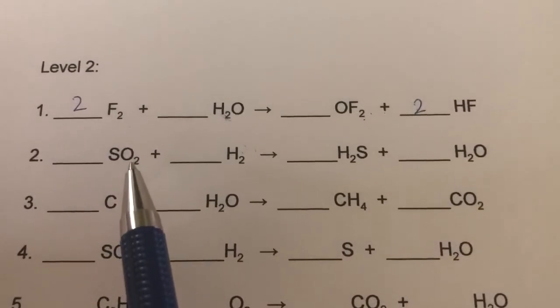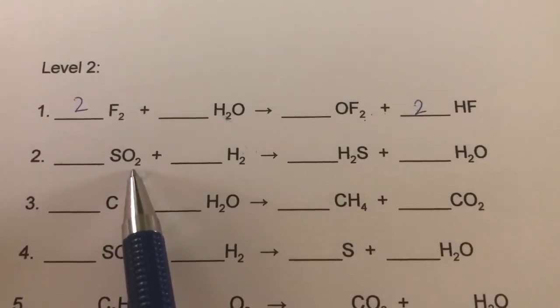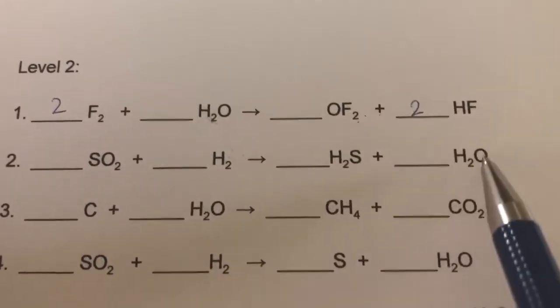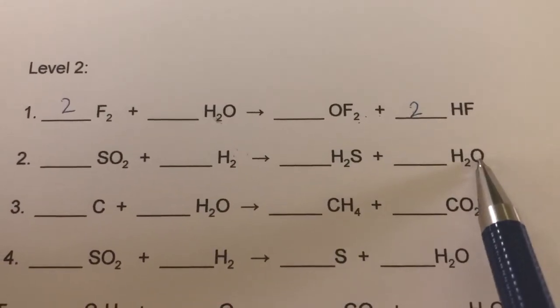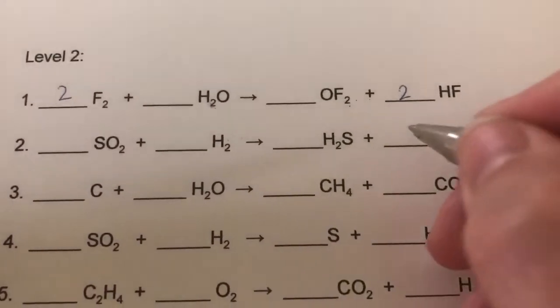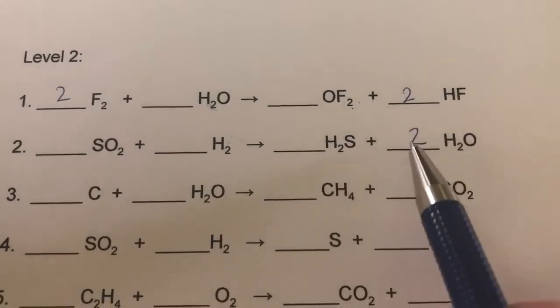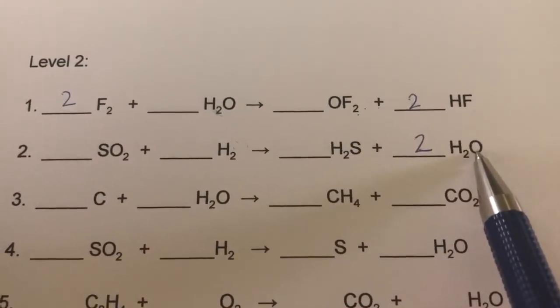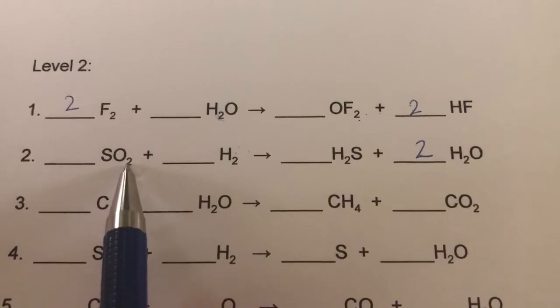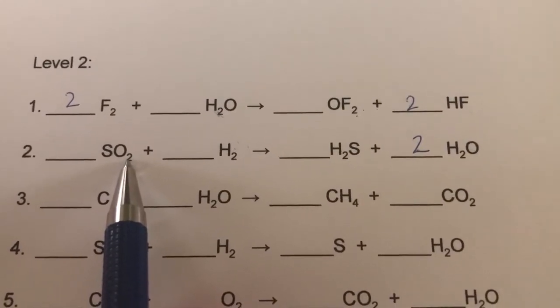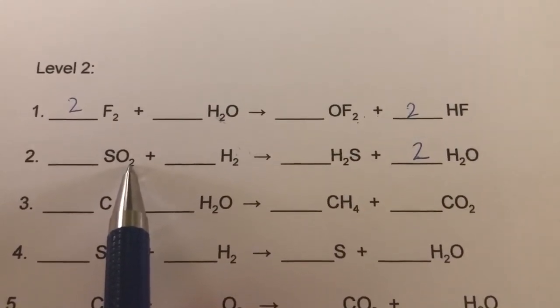Here on the reactant side, you have 2 oxygens. On the product side, you have 1 oxygen. We have to multiply this guy by 2. Now I have 2 oxygens on the product side. I have 2 oxygens on the reactant side. That leaves us with our hydrogen.